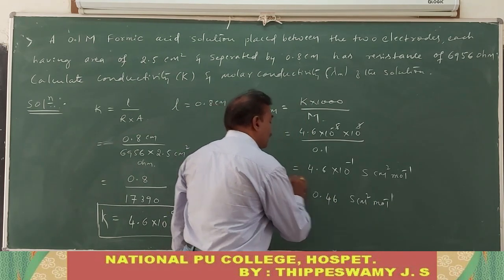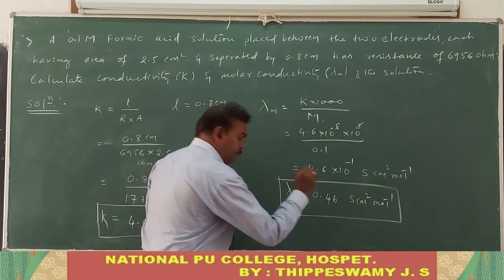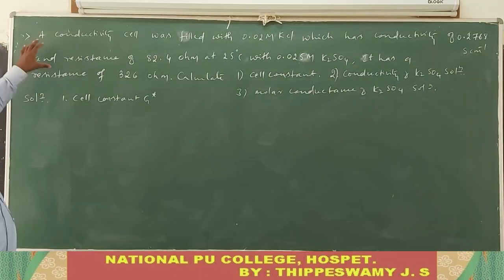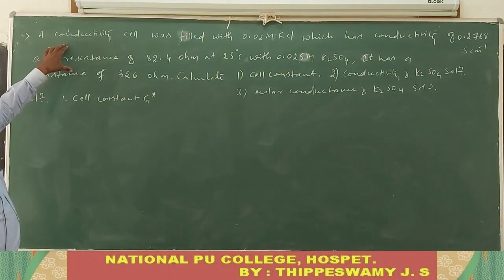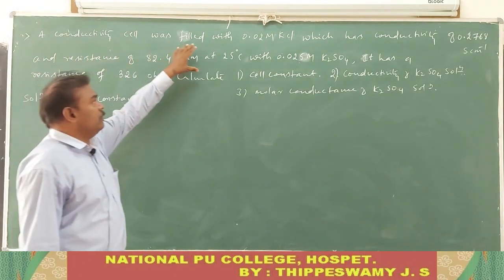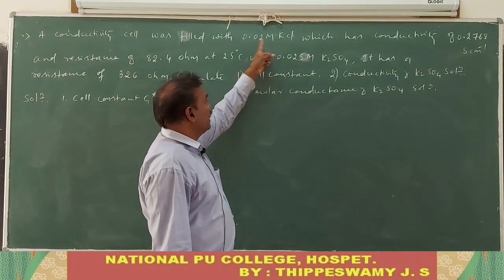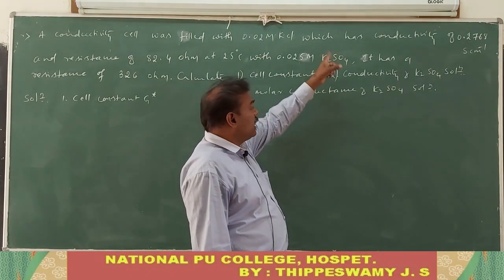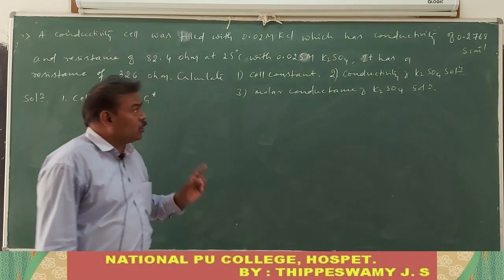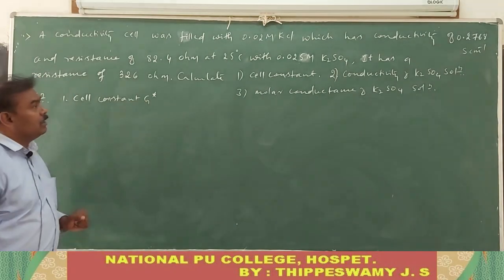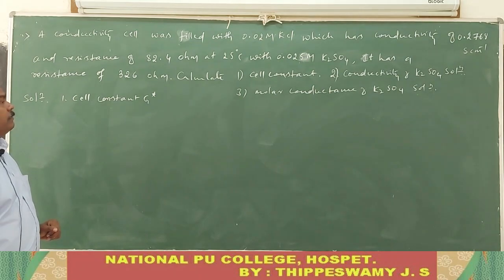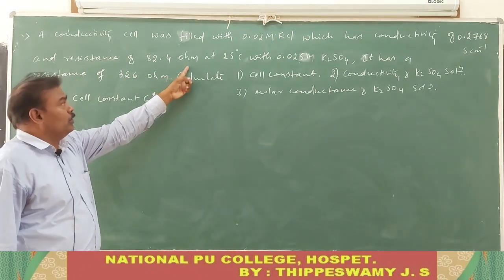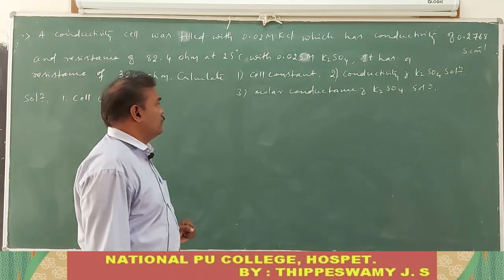Lambda m is equal to. Okay, students, this is another one. A conductivity cell was filled with 0.02 m KCl solution, which has conductivity of 0.2768 Siemens per centimeter and resistance of 82.4 ohm at 25 degree Celsius.